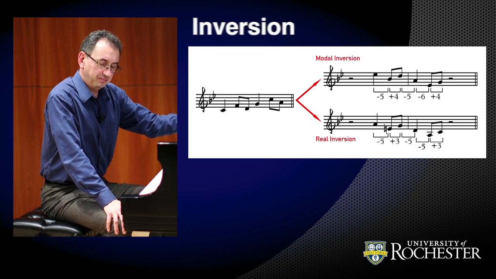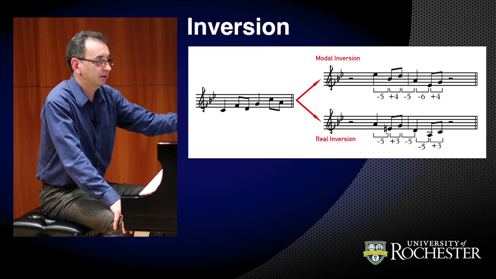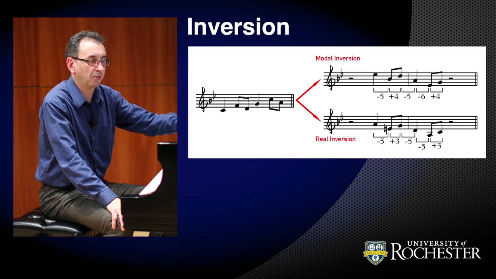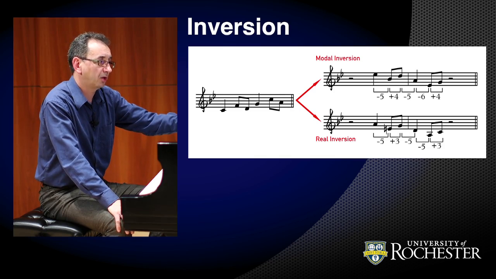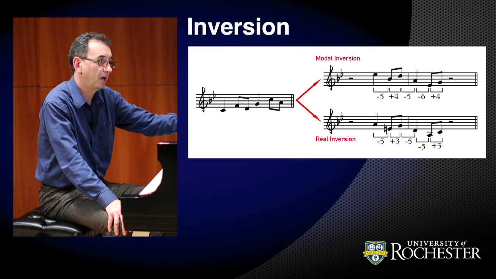Now the next technique, inversion, is a little bit more complicated because it involves mirroring the intervals of the original motive. So just as in transposition, there are 2 types of inversions, real and tonal.